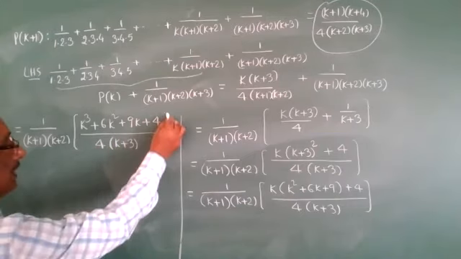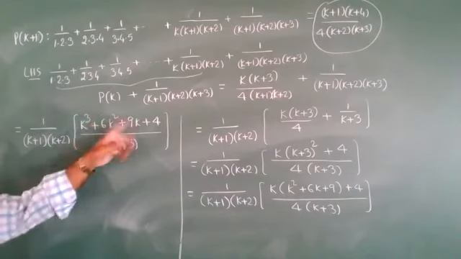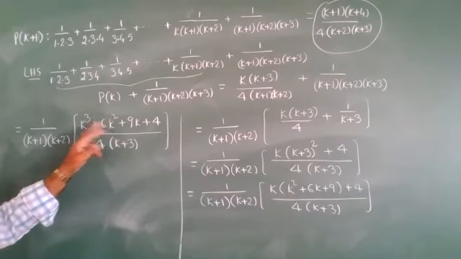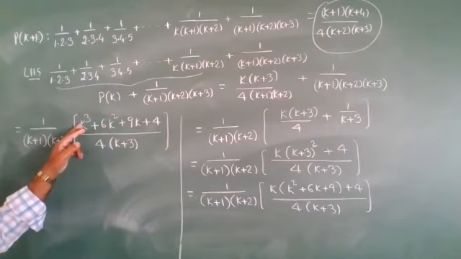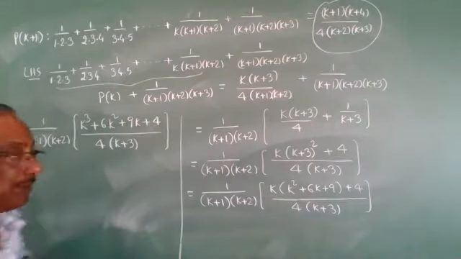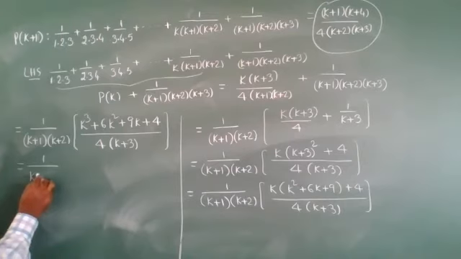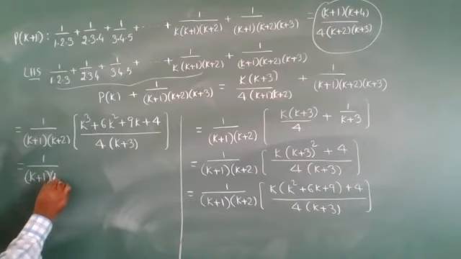Everyone observe. Here we take 1k square, and 5k square separate, since 6k square, and k cube is 1k cube. That's why 1k square is taken and 5k square written separately. So 1 by k plus 1 into k plus 2.